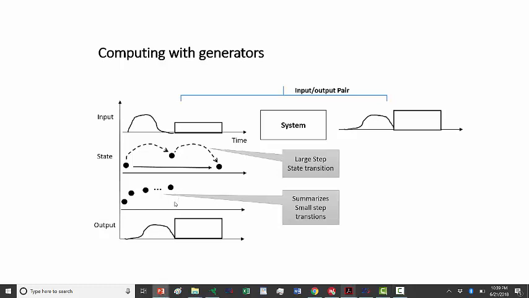And this is what provides the efficiency of discrete event computation, because all these small steps are being jumped through, having been pre-computed in effect in the system transition function.